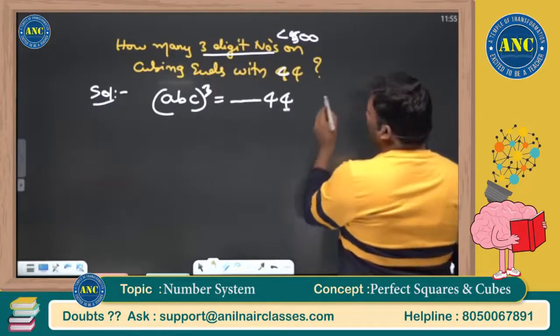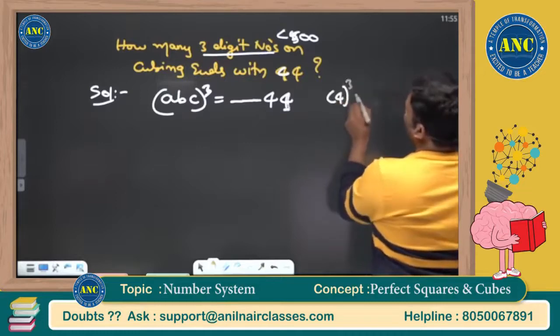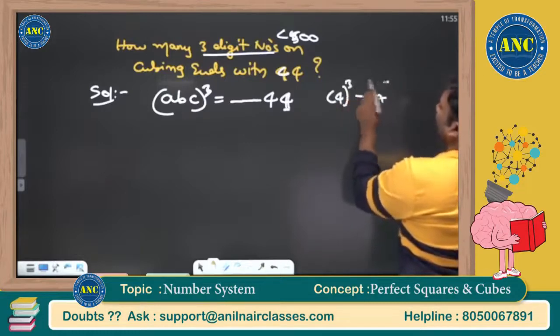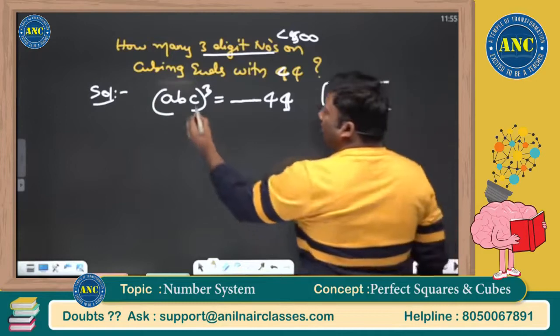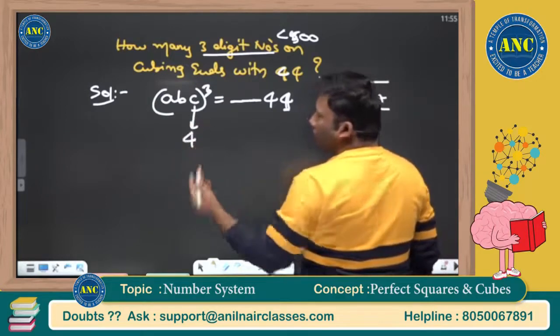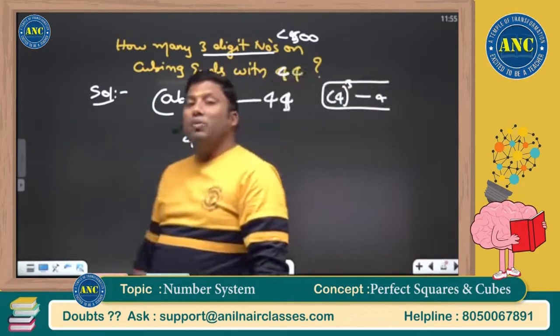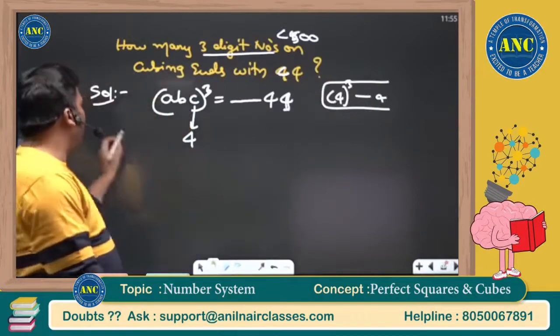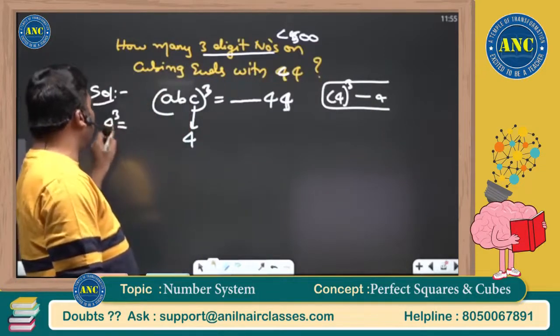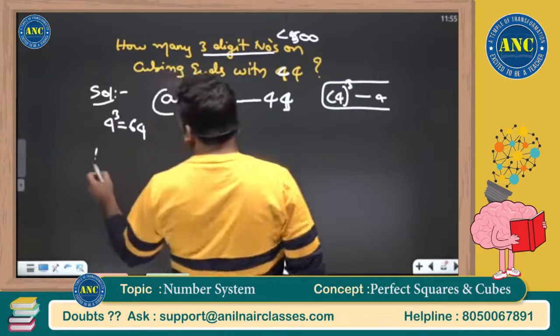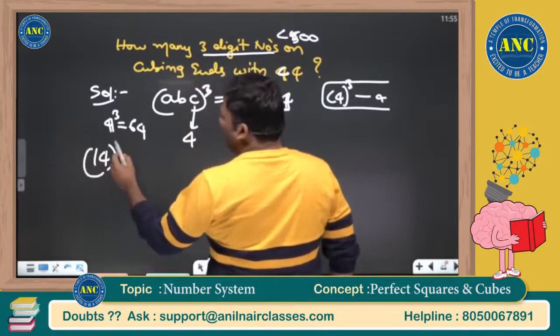Because this is 4, we know that 4 cube only will give you 4 at the end. So the unit digit on the left-hand side is nothing but 4. 4 cube is 64. Suppose I take the next number, 14 cube.